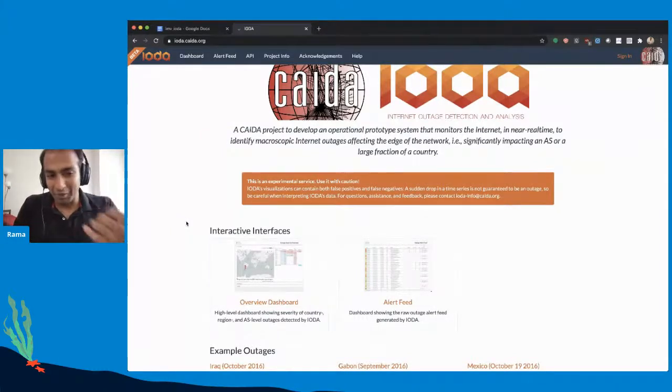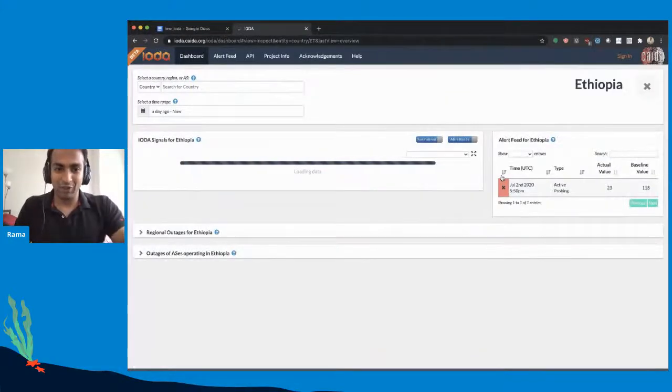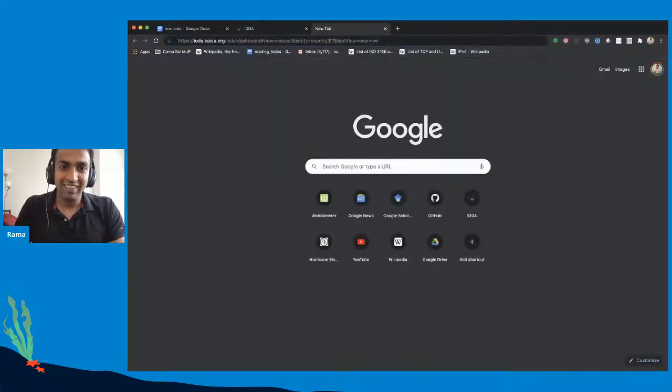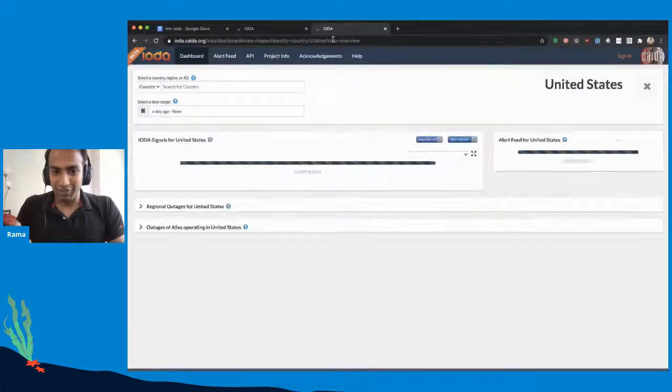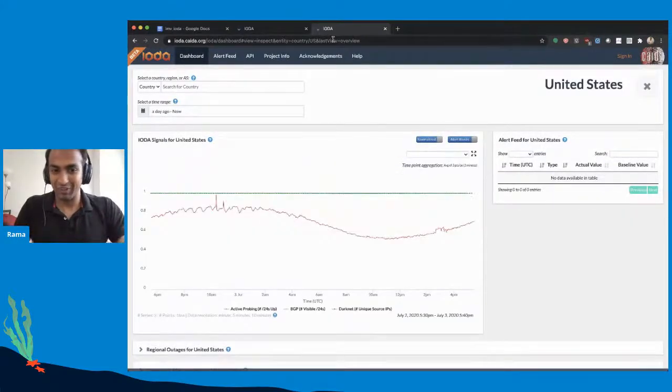Of course, there is a simple way that we can test if a given outage is due to that behavior. For an outage, just look at a time series for different countries. For example, if we see an outage in Ethiopia, also try to look at outages for the same period in the US, which is a completely different country, and there should be no reason why an outage occurs together.